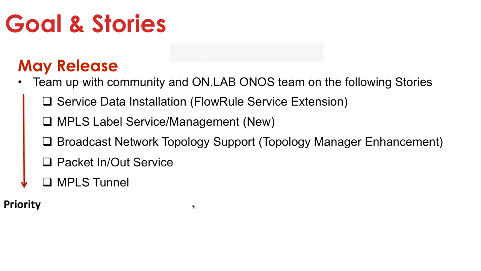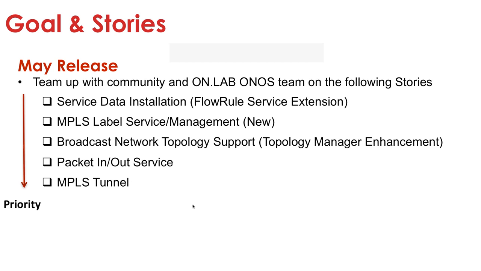We want the ONOS to manage the MPLS labels. We are seeing a couple of use cases that require this. One is segment routing, which requires allocating global labels. For us, it is allocating local labels. The ONOS is probably the best place to manage these, so we need a central manager to manage the MPLS labels.